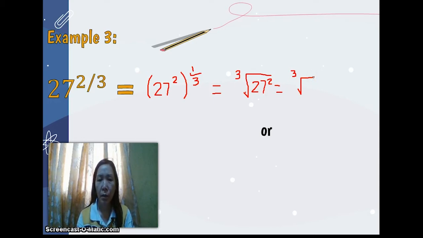You may grab your calculator. 27 raised to 2 is 729. We can grab a calculator to verify that. It's a big number, right? But then, what is the cube root of 729?